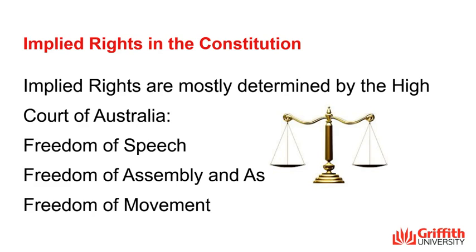This famous case, and others to follow, provided us with the High Court decision that found that there is an implied freedom of speech in our Constitution in regard to governmental and political affairs, and the decision was based on the very nature of representative democracy and representative government.